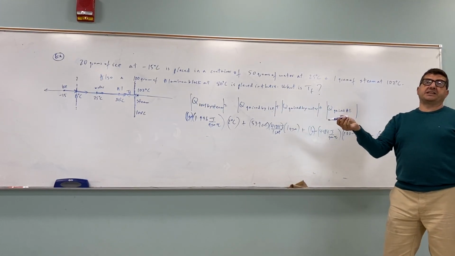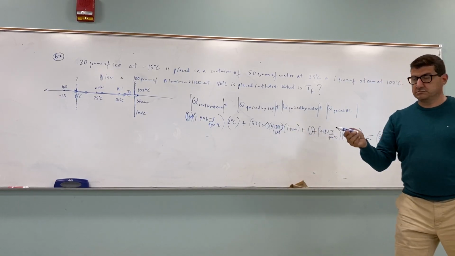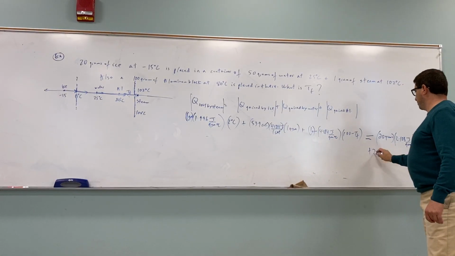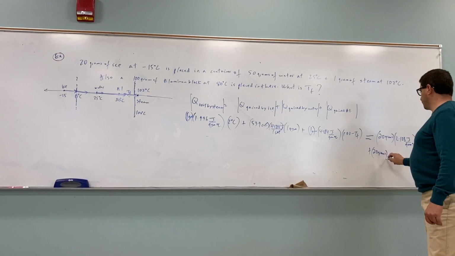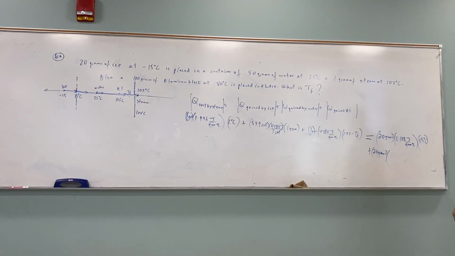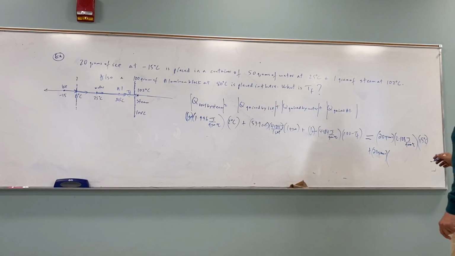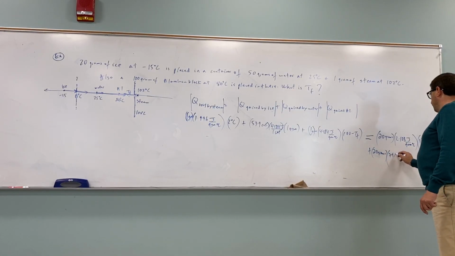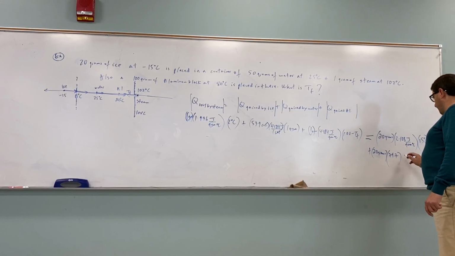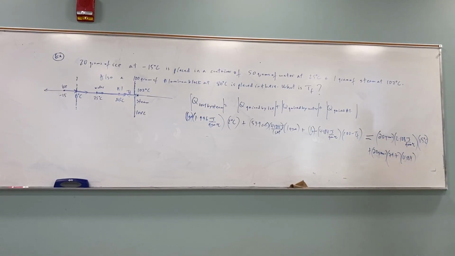Then I've got to take that ice and melt it. So 20 grams multiplied by what? To melt it, I've got to put how many, was it 79.7? But that was calories, so multiply it by 4.184. Right?